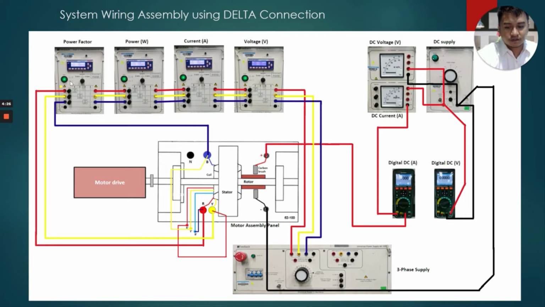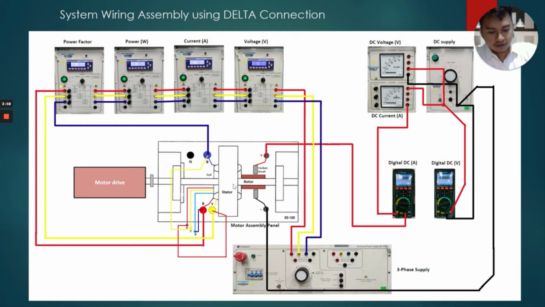From the digital power meter for power factor, it will connect to the stator, and at the stator we apply the delta connection. Blue connects to yellow, red connects to blue, and yellow connects to red.